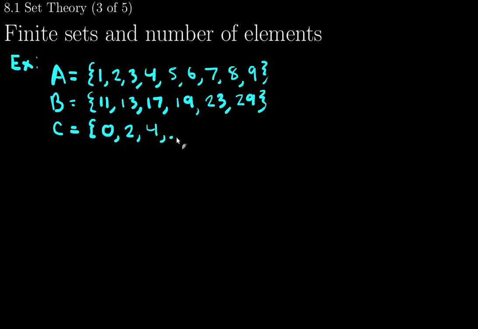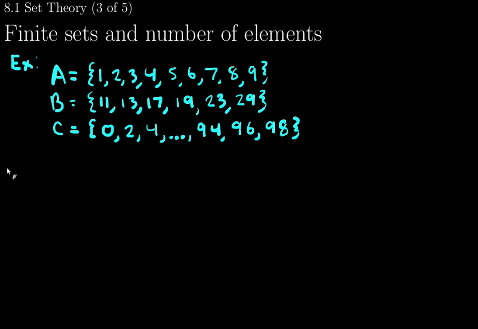There will be too many to write out explicitly, so I'll use this little ellipsis to say I'm skipping some stuff, but it doesn't go on forever, so I'll stop by showing 94, 96, and the last even natural number less than 100 is 98. I said less than, strictly less than, not less than or equal to. So these are some examples of finite sets, and they are finite because they have a finite number of elements.